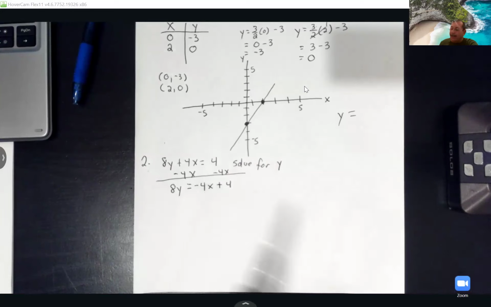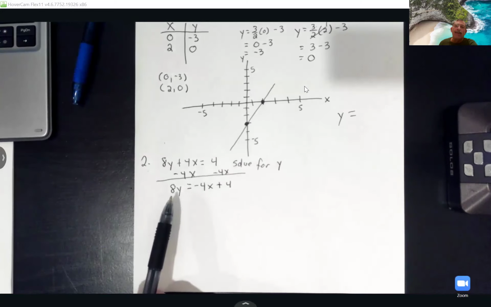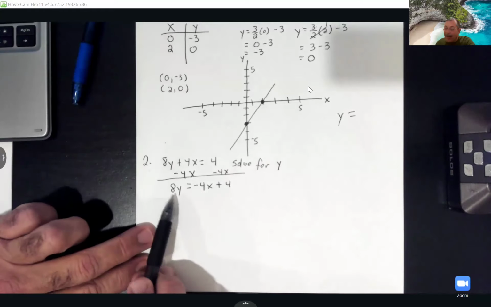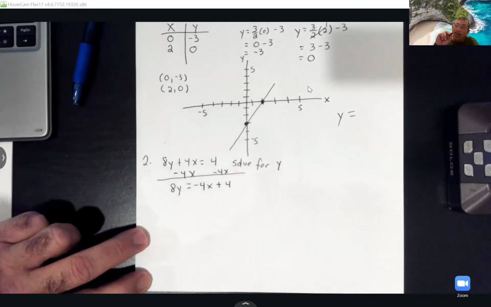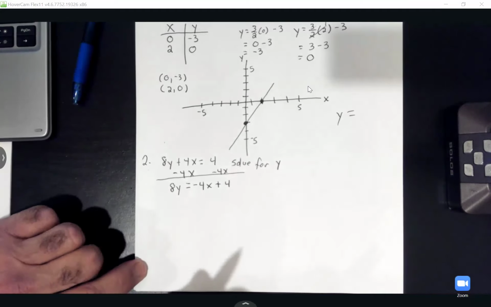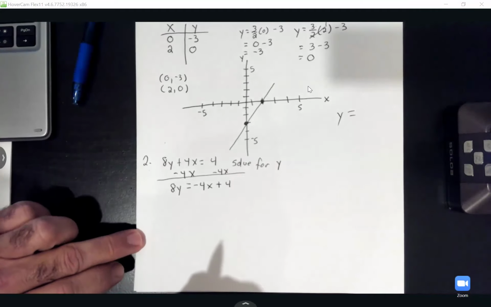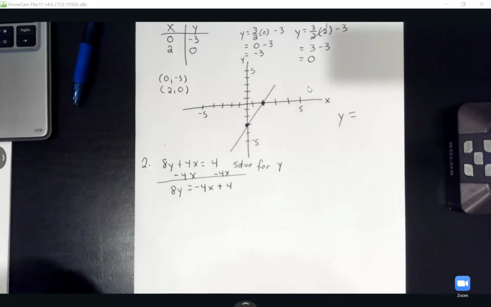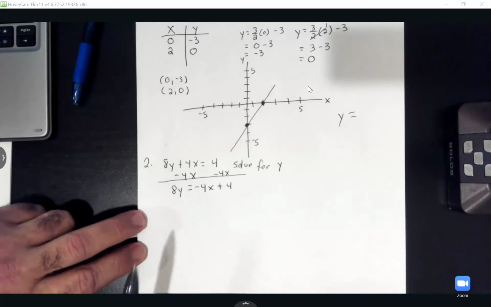All right, y'all, so here's a question. I got 8y over here, but remember, I need that to be a 1y. So what are y'all doing to that? How can y'all turn the 8y into a 1y? Are you gonna subtract 8y from both sides?